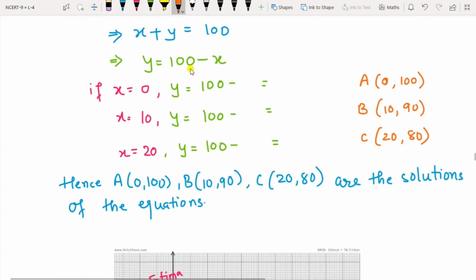Let us consider values of x as 0, 10 and 20. So you will be getting values of y as 100 minus 0 is 100, 100 minus 10 is 90, and 100 minus 20 here is 80. So this is x and y. So A, B, C are the points. These are the solutions of the equation y equal to 100 minus x.